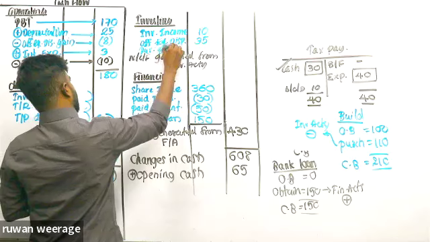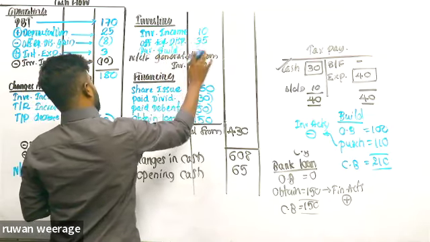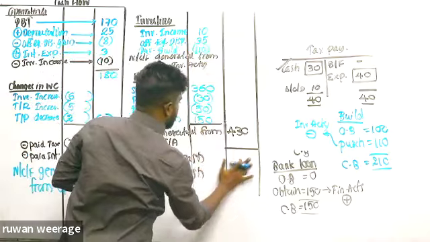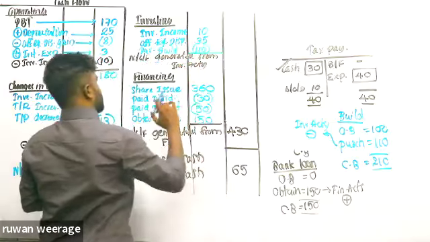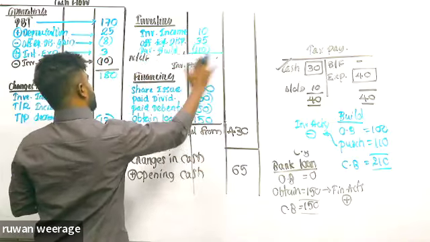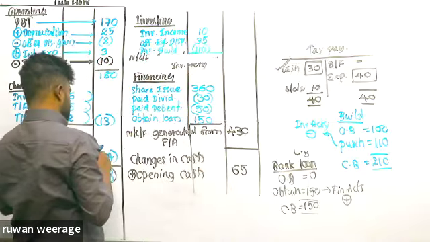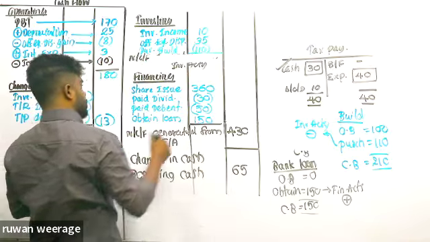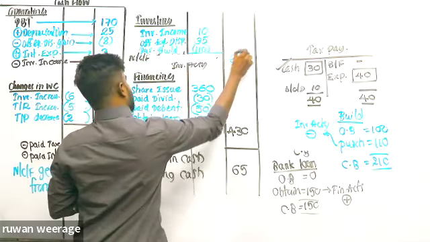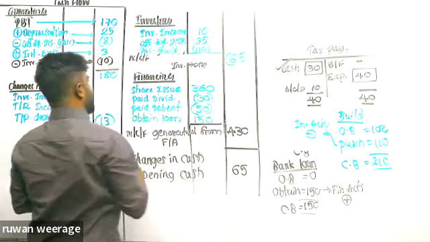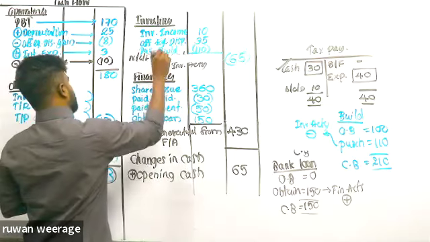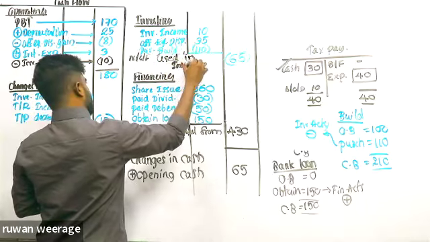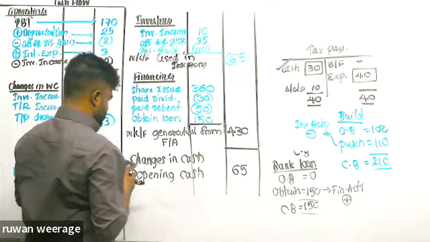Purchase building. Minus, now here net cash flows used in investing activities, right?